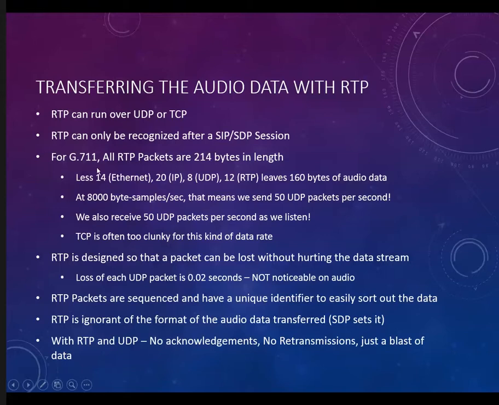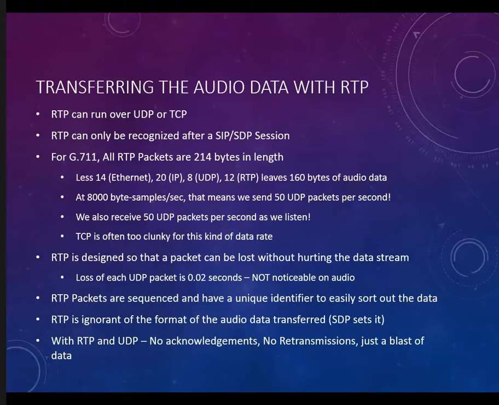And in this case, for the G.711, all the RTP packets are actually 214 bytes in length. If you subtract off the headers, which is 14 bytes for Ethernet, 20 for the Internet Protocol, 8 bytes for UDP, and 12 for the RTP header, that leaves 160 bytes of audio data.